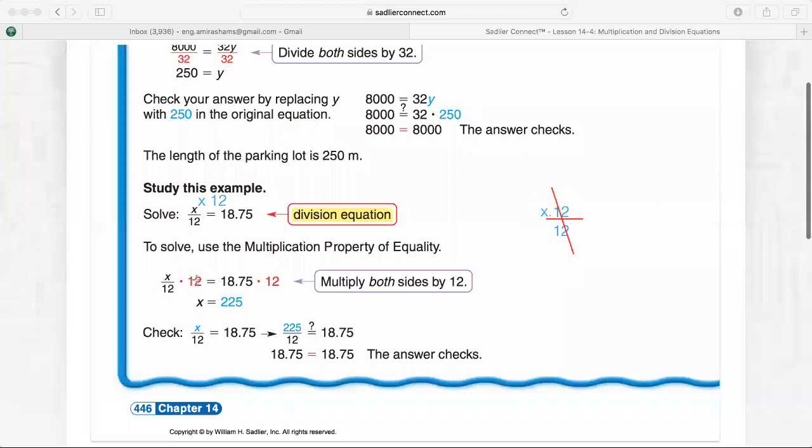X multiplied by 12, x over 12 multiplied by 12. 12 in the numerator and 12 in the denominator.